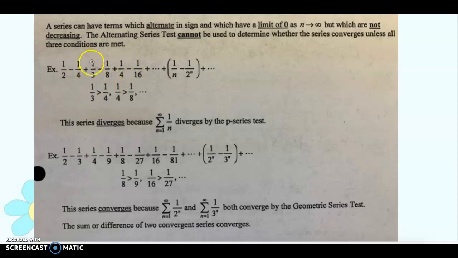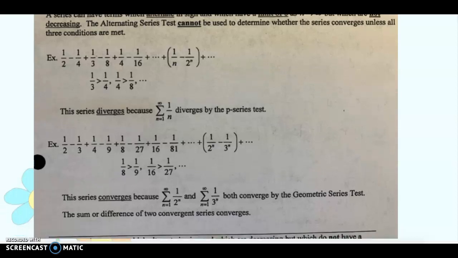And if we take a look at the next term compared to the third term compared to the second term, 1/3 happens to be greater than 1/4. So this is not decreasing. And in fact, this series diverges by the p-series test.